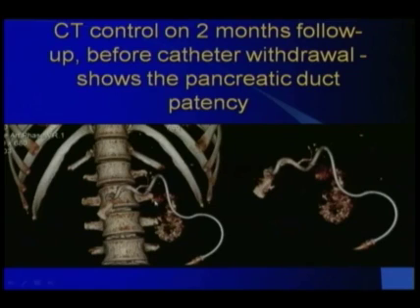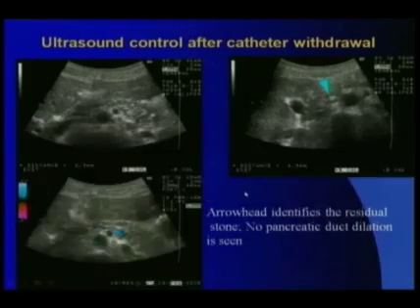So we kept this catheter in the Wirsung duct in case of any problem, to have immediate access, to open it, and it was kept closed for 2 months. Then we performed the CT control, and we can see the patent Wirsung duct, and the catheter was withdrawn.